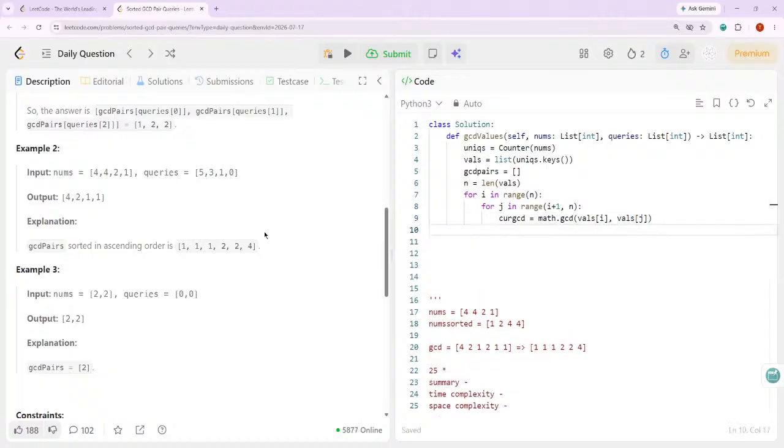So pairing those two. And then the number of ways that you can pair them depends on their frequency within the nums array. I think it should just be the frequencies multiplied. Like there were 2 2s and 3 4s, and there were 6 pairings, 2 times 3.